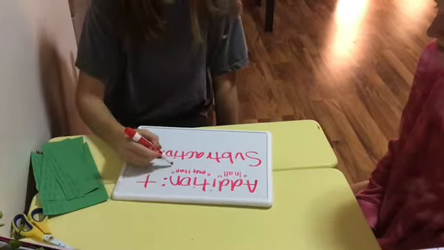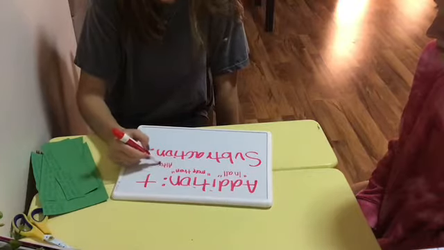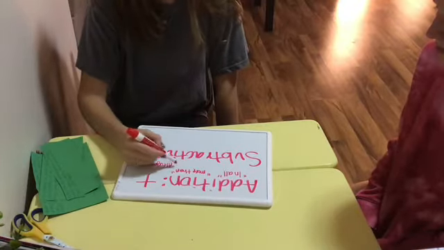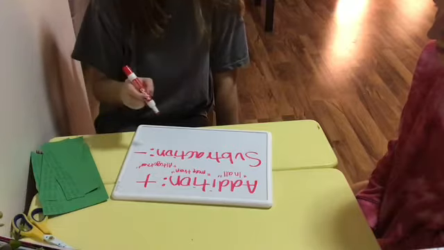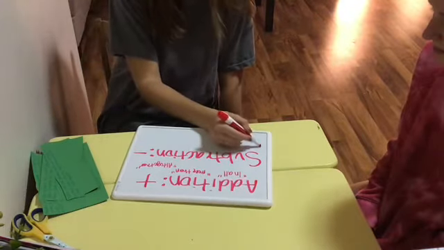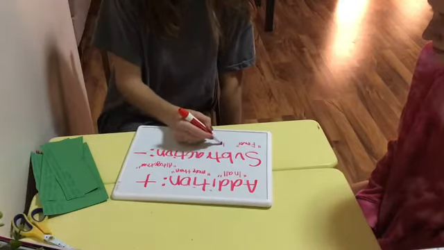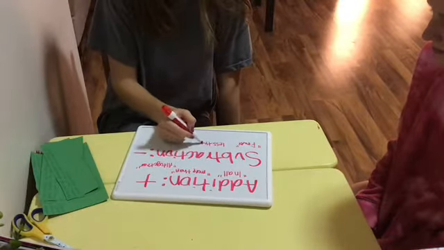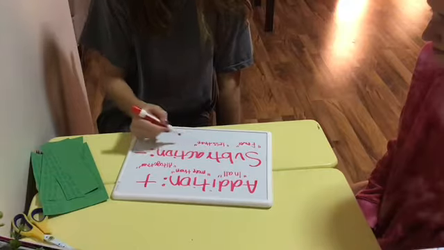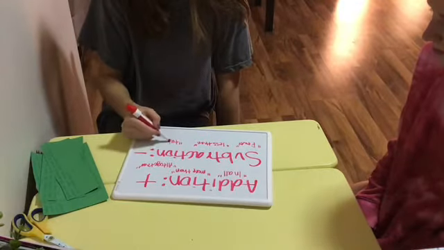And you can also see words like all together. And then for subtraction, you can see words like fewer, less than, and take away.